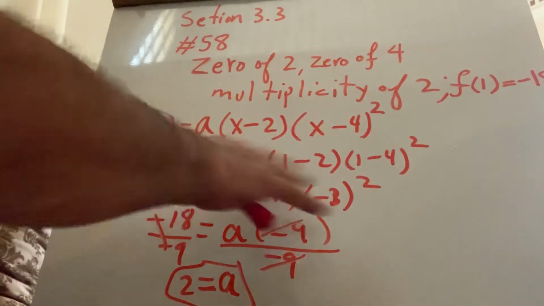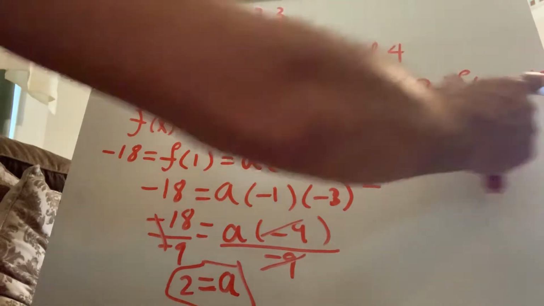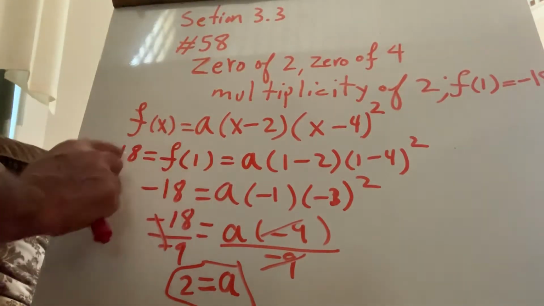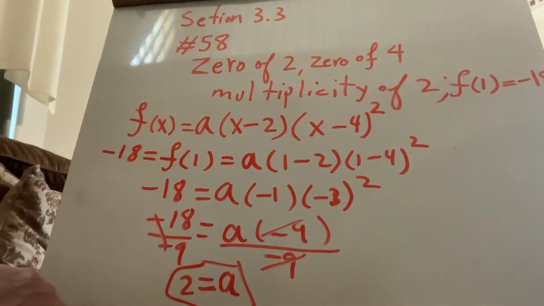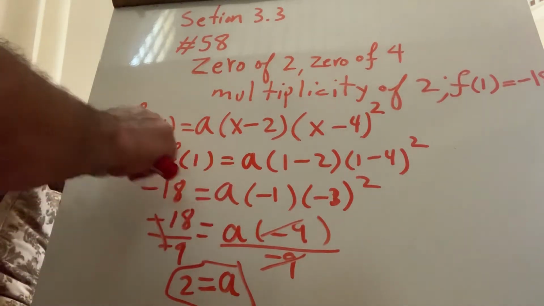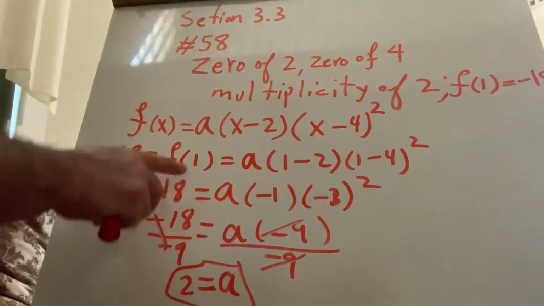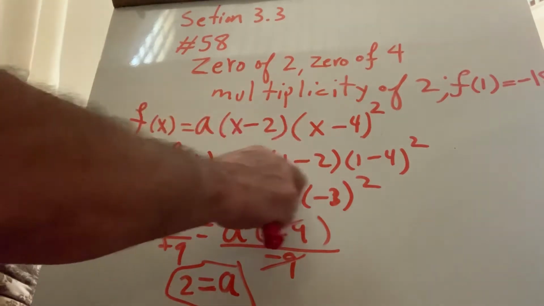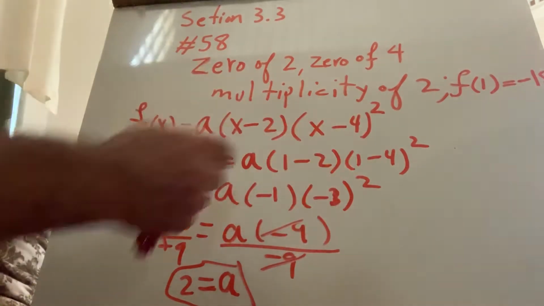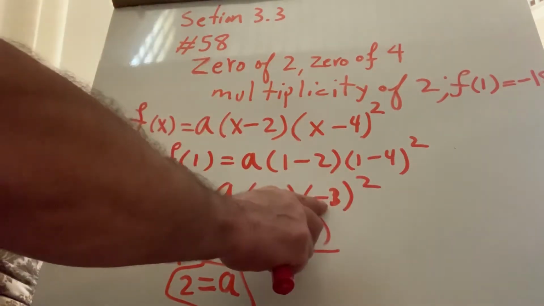But other than that, this is all going to be the same as before. So I'm going to use that condition, step number 1, to help us find A. Negative 18 equals f of 1. On one hand we have f of 1 equals this, but f of x is this, except now x equals 1, so anywhere we have x, we replace it by 1, and then we work out the arithmetic. 1 minus 2 becomes negative 1, 1 minus 4 is negative 3.